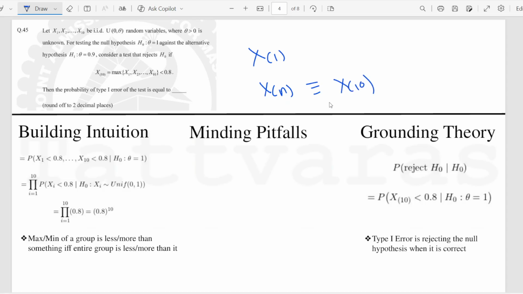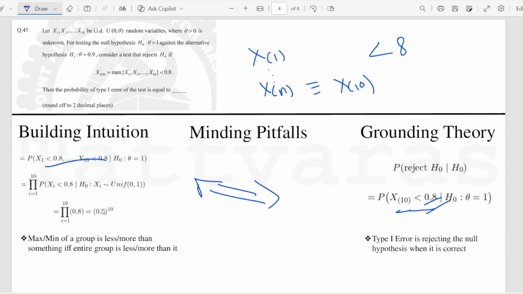And it becomes easy to deal with that because think about it, when you are looking at the largest of a group, the big boss, let's say the big boss is less than something, the big boss is being defeated by something, it means all other smaller bosses in between will also be defeated by that thing. So this thing is possible if and only if this thing happens.